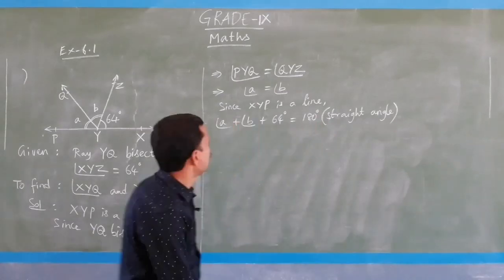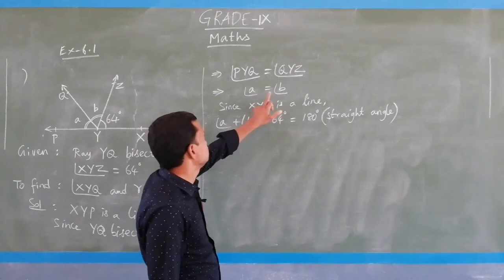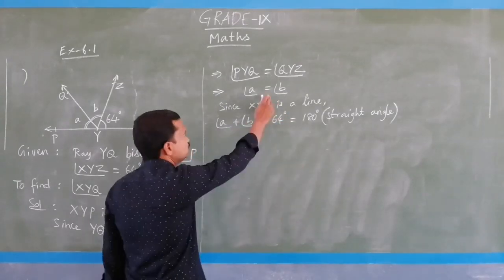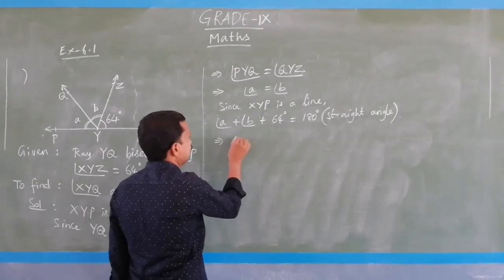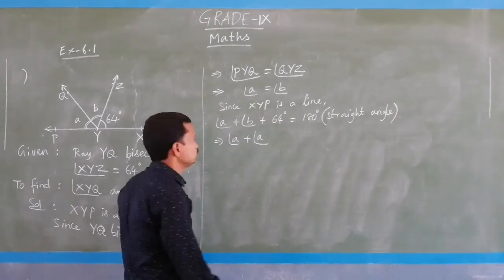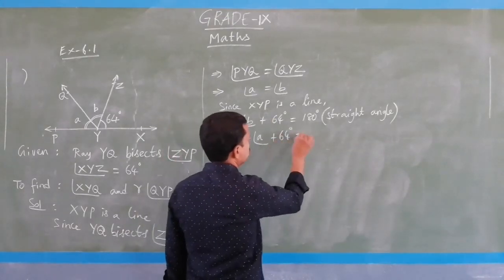And now we can substitute A for angle B. This implies angle A plus, instead of B we can put A because they are equal, and then again plus 64 is equal to 180 degree.